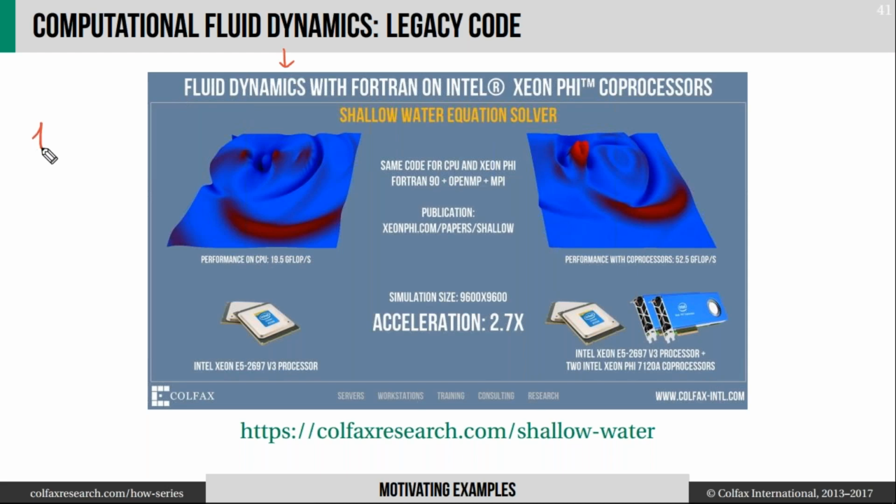The amazing part of this application is that it was written in 1984 at the National Center for Atmospheric Research in Fortran. Then, in 2008, Professor Addison modernized this code, meaning he taught it OpenMP, MPI, and the code also vectorized.